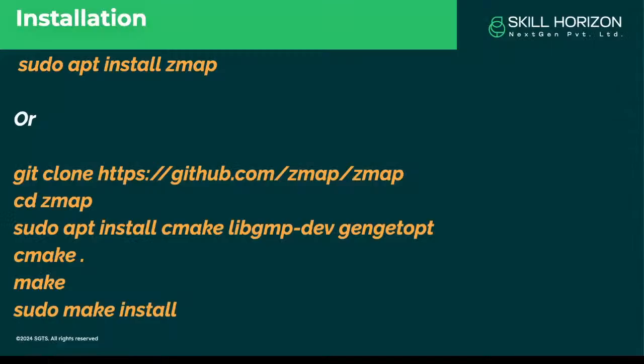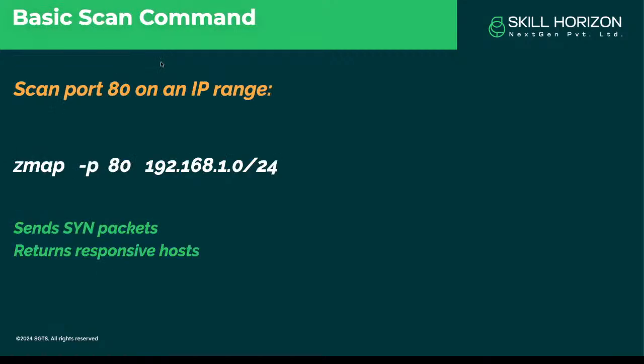Now, if we talk about the very first command of Zmap, like how you can use it. So let's see the commands. This is the very first command, the basic scan. If you are familiar with Nmap or the masscan, if you haven't watched the previous videos, you know the common techniques are the same. In Nmap you use -p for defining the port number and then your target.